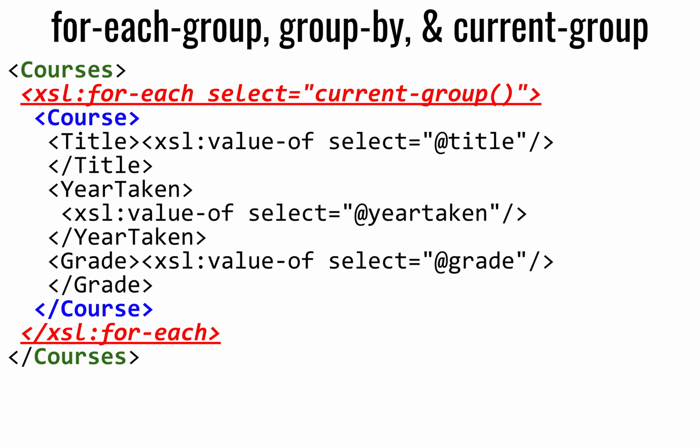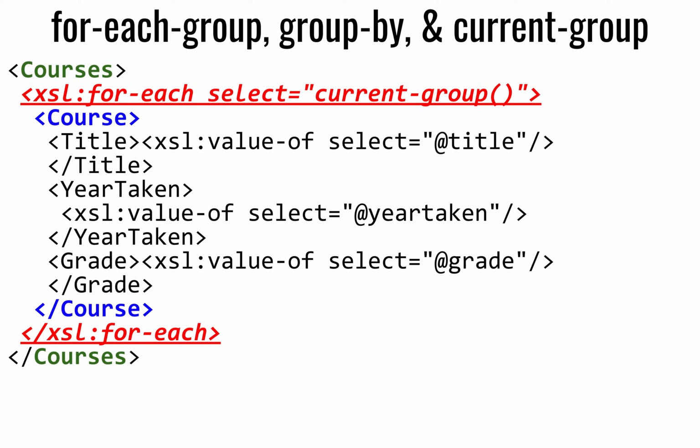So as I iterate, I'm going to generate a course instance. If there were 3 or 4 courses for Ian, there'll be 4 instances of this course generated for Ian. And it's going to extract the title, the year taken, and the grade for the course that was in that group, for the same group.